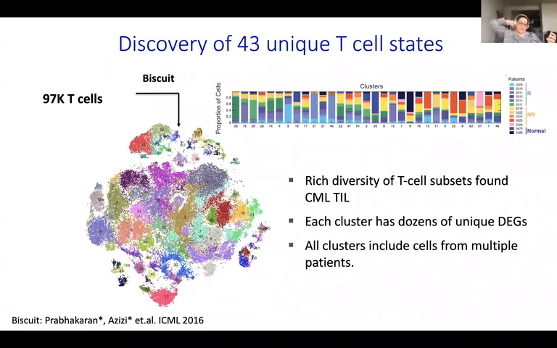So, we ran Biscuit on it, and the first thing, again, you get clusters and you want to interpret them. And like always, when we analyzed T cells, we found a really rich landscape of many different T cells clusters.